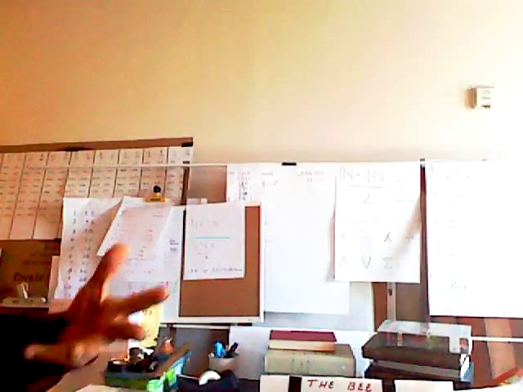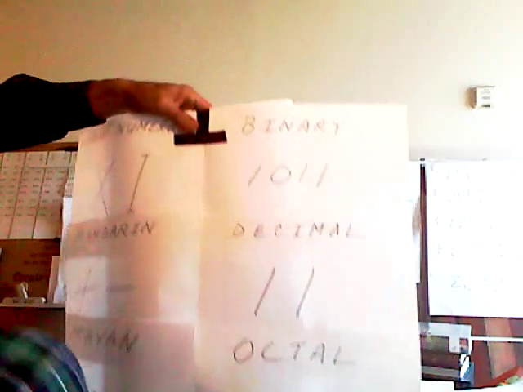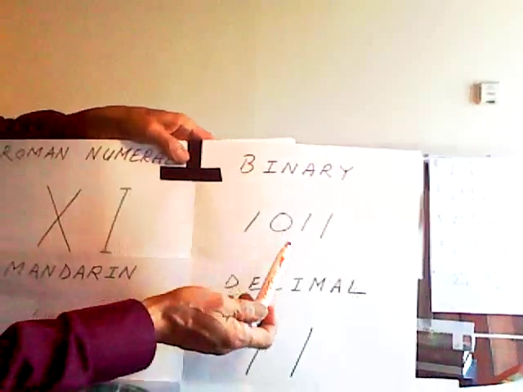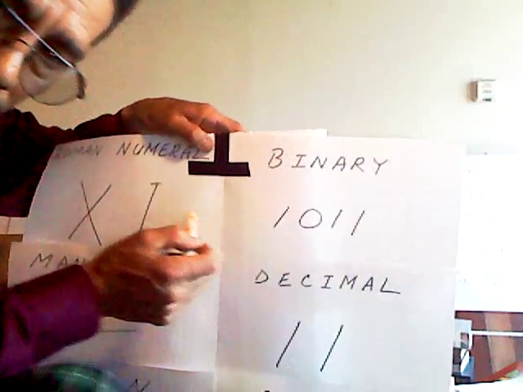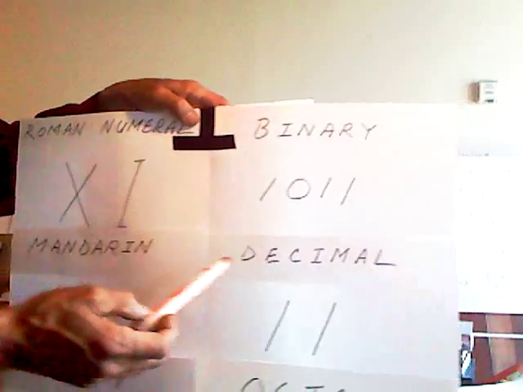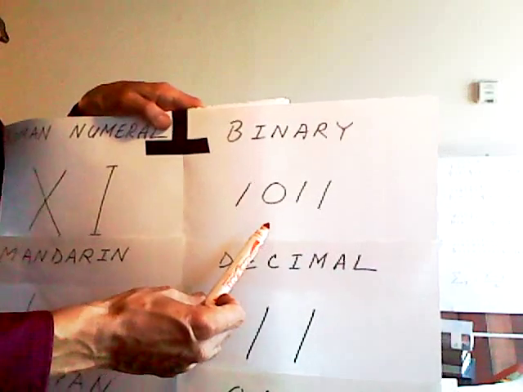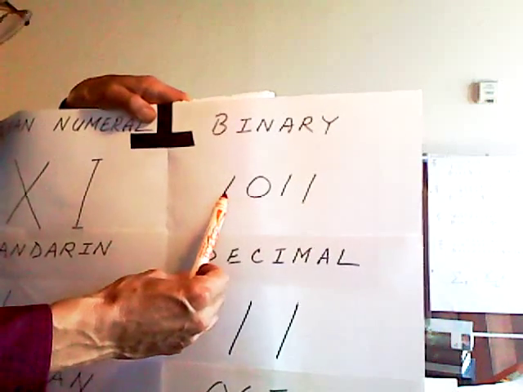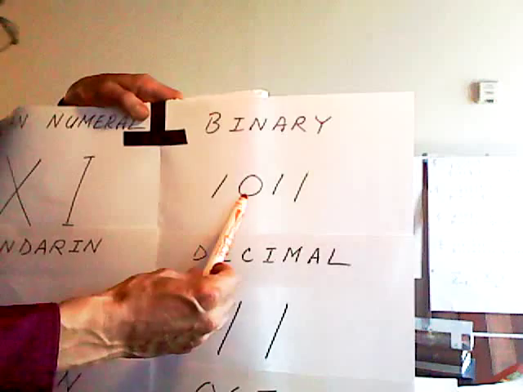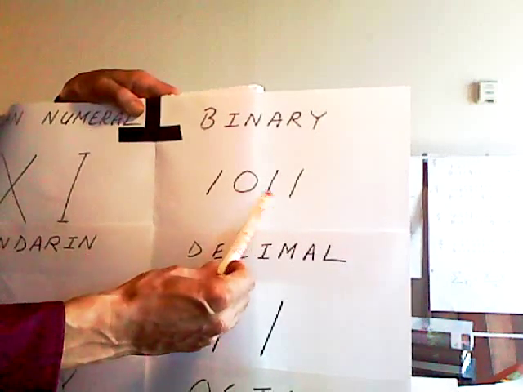And here's some more examples. There's binary. Can you see that? There's binary. There's 8. No 4s. 2 and 1.